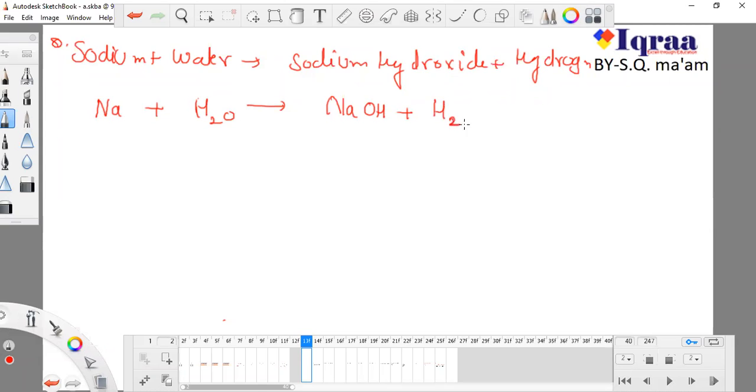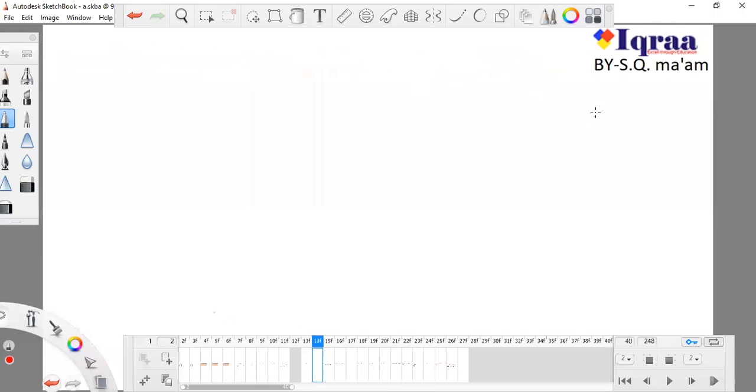This is 2. Okay, why 2? Remember one thing, that whenever you are asked about hydrogen, nitrogen and oxygen, they are always present in gaseous form. They could write hydrogen gas, nitrogen gas, oxygen gas, or they could simply write hydrogen, nitrogen, oxygen.